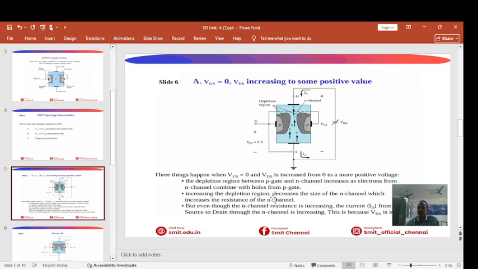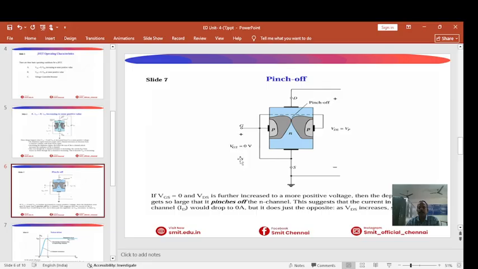Increasing the depletion region decreases the size of the N channel, which increases the resistance of the N channel. Even though the N channel resistance is increasing, the drain current ID from source to drain through the N channel is increasing. This is because VDS is also increasing.